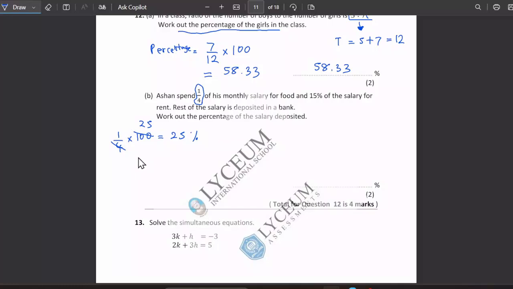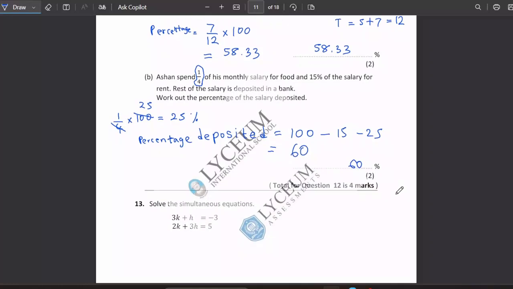So we can work out the percentage of salary deposited, because the whole salary is 100. We have to subtract 15 and 25 from the whole. So 100 minus 25 minus 15, we get 60. So he deposited 60% of his salary.